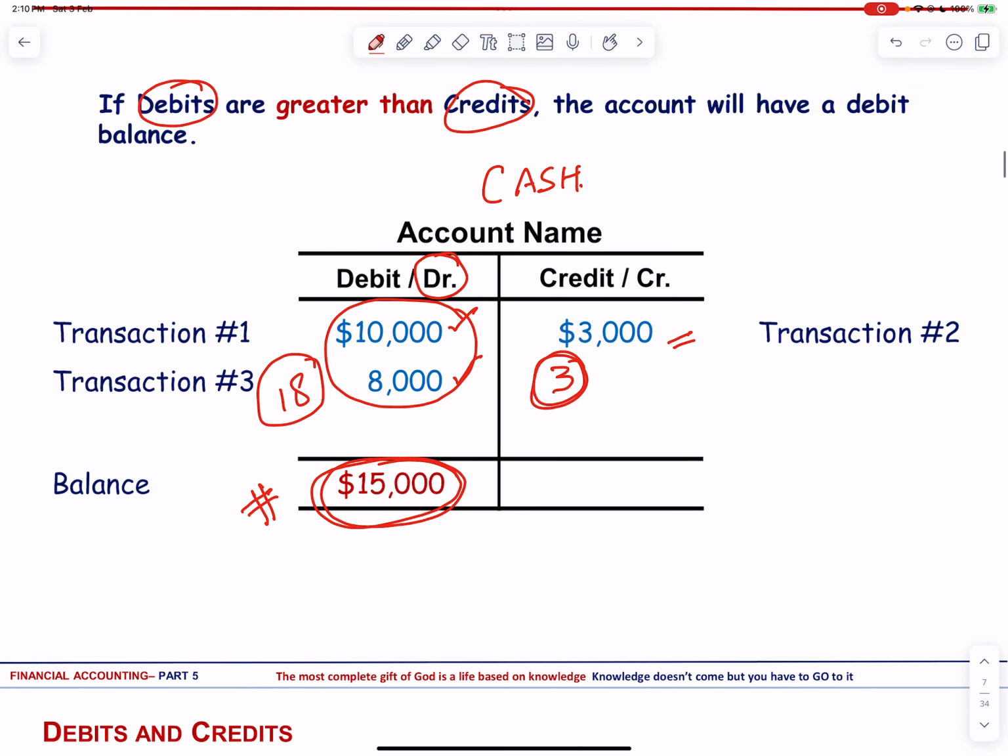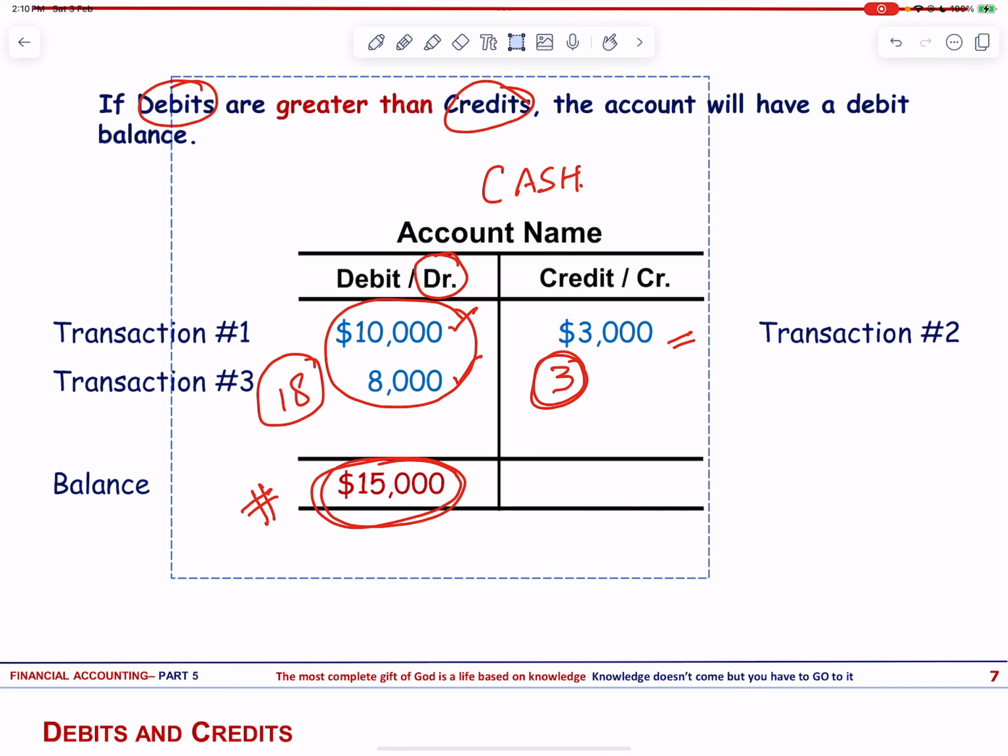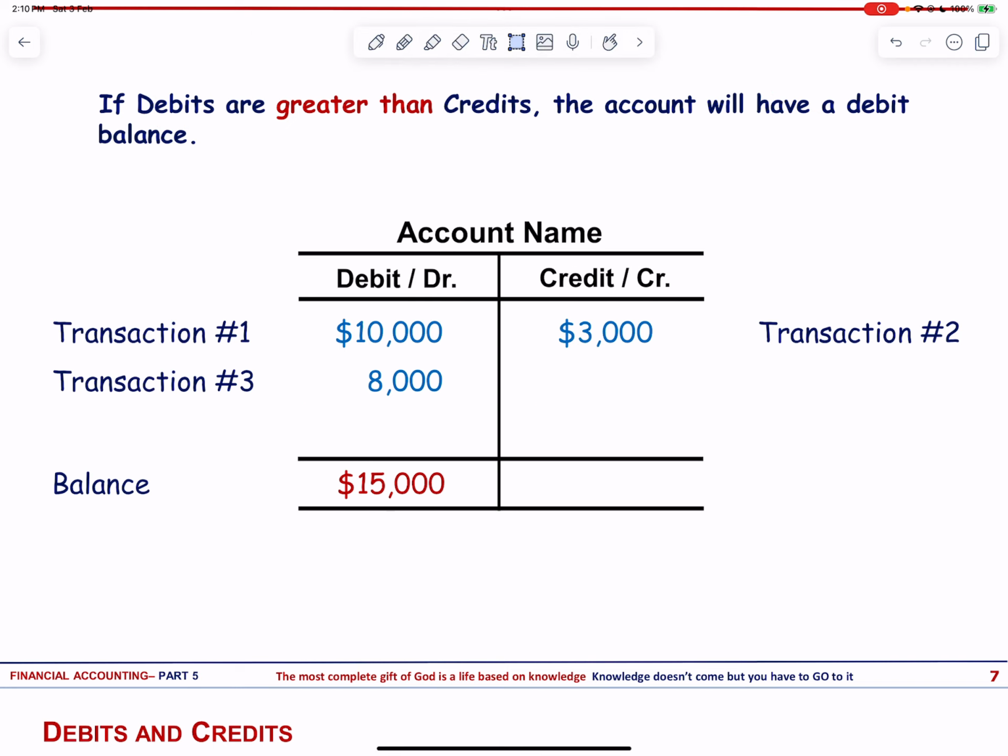And why will assets always have a debit balance? For the simple reason that if a company has, say, a total of 18,000 cash with them, the maximum they can pay is 18,000. They cannot pay more than 18,000. So obviously the debit side will either be more than the credit, that is when we are paying cash, or it will be equal to zero.